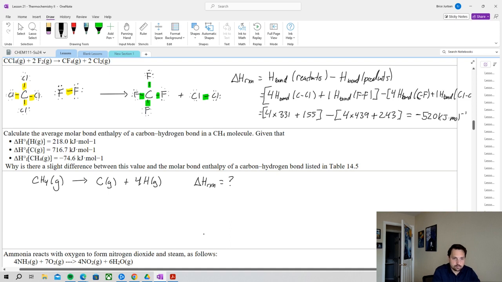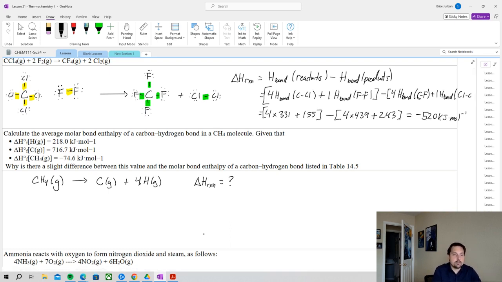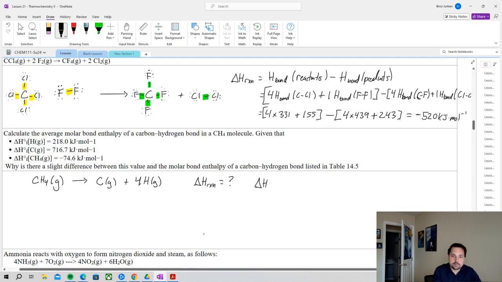That's our first question. Well, what we want to do is just make use of the enthalpies of formation that are given. So we'll take the enthalpy of formation of the products minus the enthalpy of formation of the reactants.